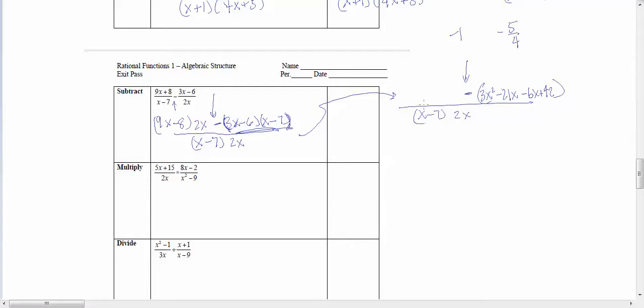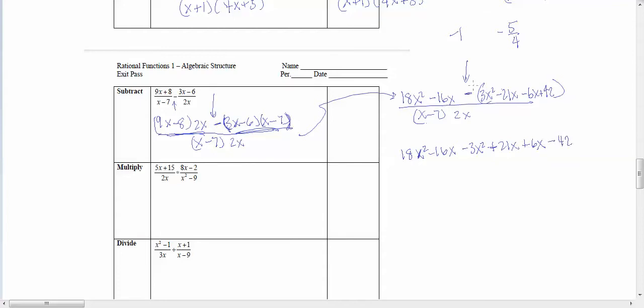But before I do that, let me deal with this first term over here, and that becomes 18x squared, because 9x times 2x is 18x squared, and then minus 16x. Now I'm going to distribute this negative in, so I have 18x squared minus 16x minus 3x squared plus 21x plus 6x minus 42.